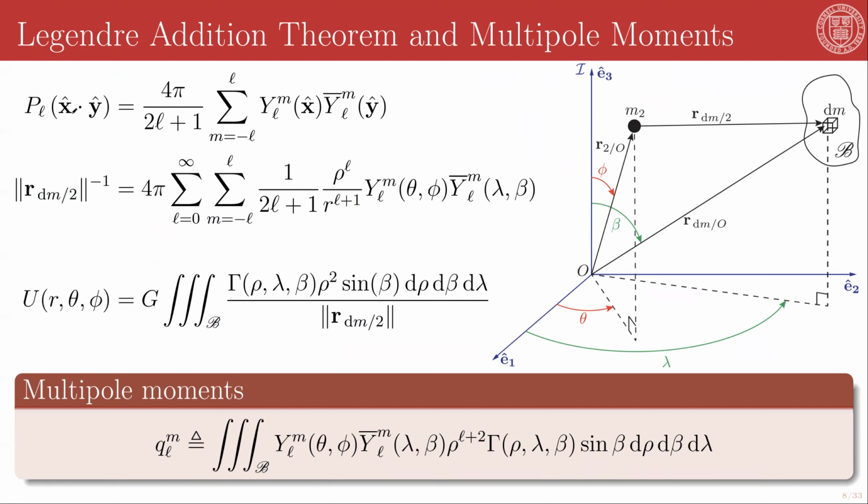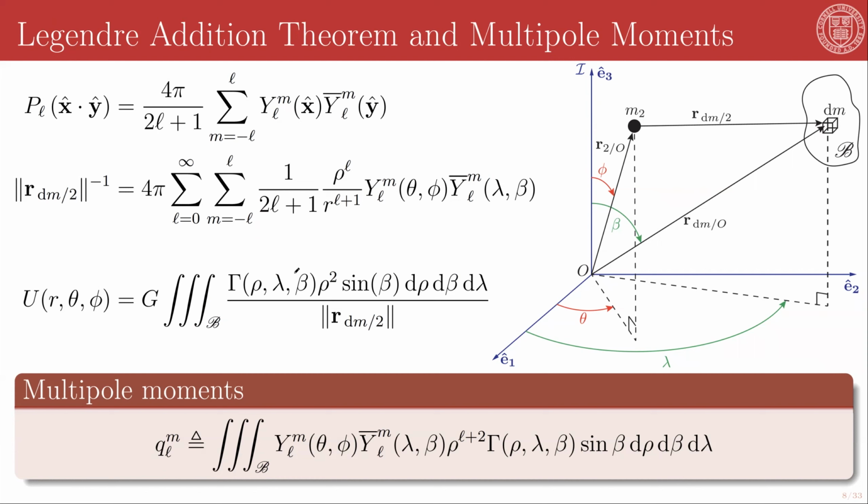In this case, we have x hat represented by the theta phi coordinates of our original setup, and y hat represented by the lambda beta coordinates of our original setup. And so this denominator, which you will recall was originally a function of cosine beta minus phi, can be rewritten in this form as an infinite summation of pairs of spherical harmonics and their complex conjugates in these two different coordinate sets.